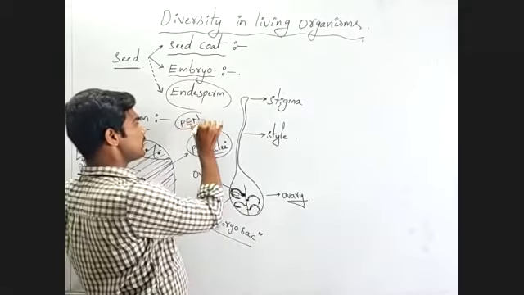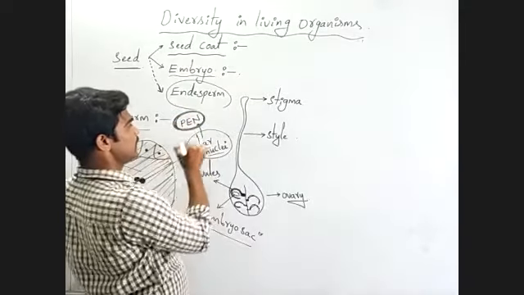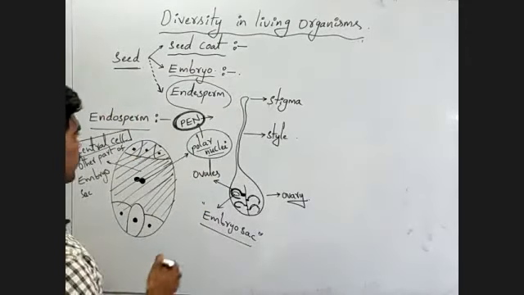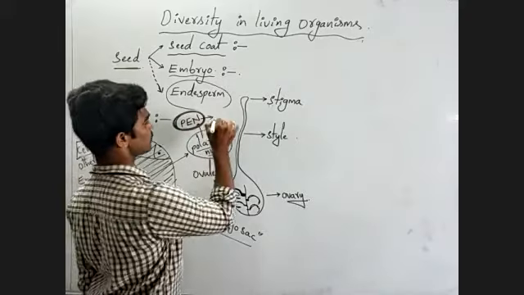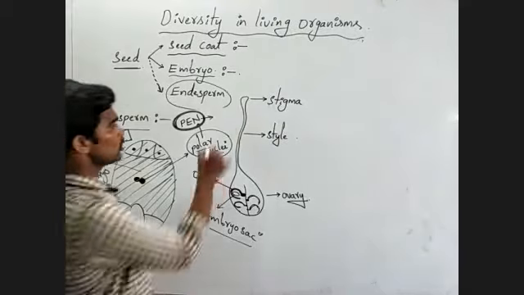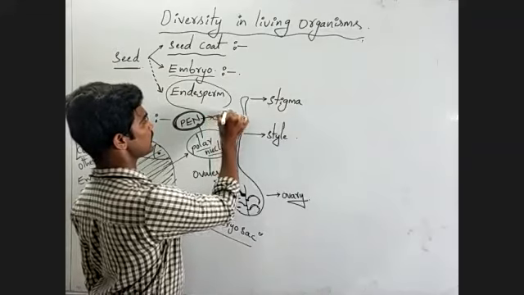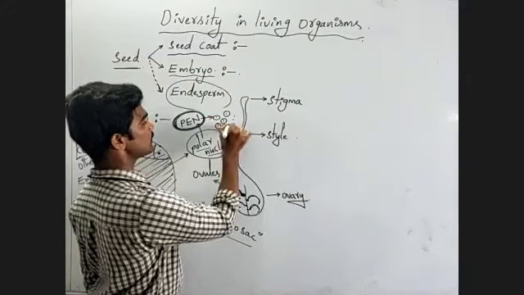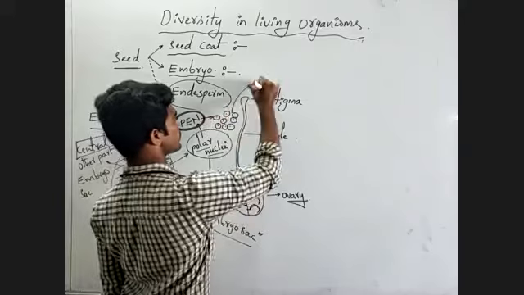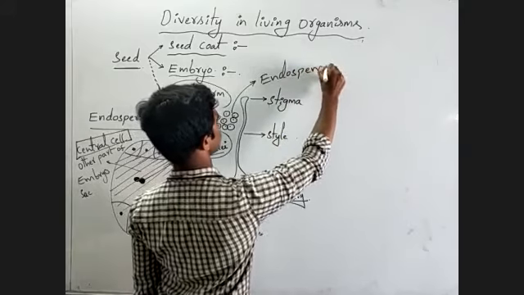After several mitotic divisions, from the primary endosperm nucleus, a number of nuclei are formed. Around each and every nucleus, plasma membrane and cell walls are formed and a number of cells are developed. This group of cells is called the endosperm.